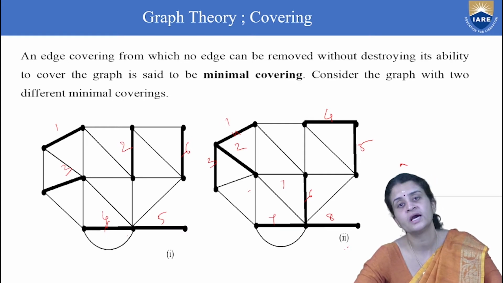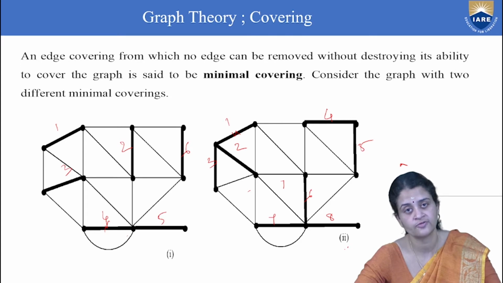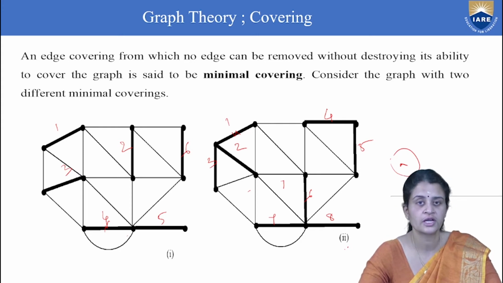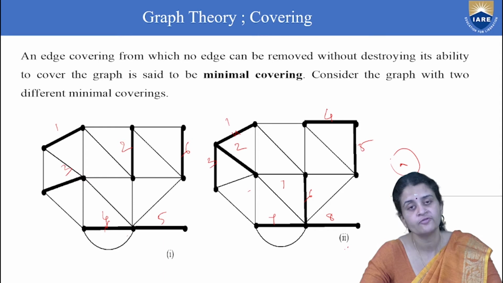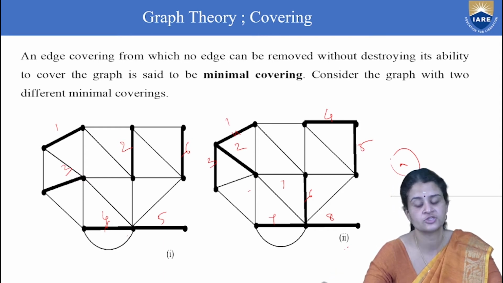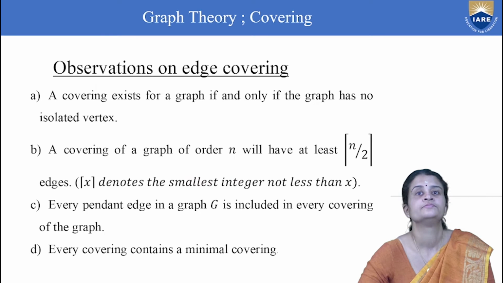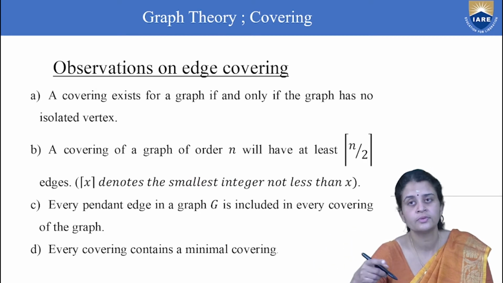Every vertex should be an endpoint of at least one of the set of edges that we are taking, and we cannot find an edge falling on this vertex. So, for considering the edge covering of a graph, the graph should not have any isolated vertex, or the graph should be a connected graph.